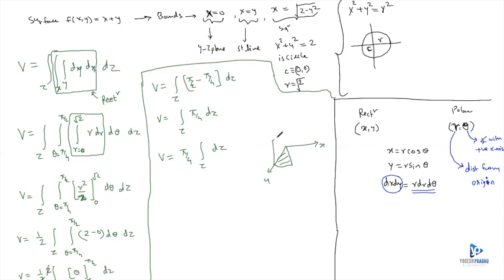This is one of your bounds for sure. And then you're talking about the surface which is on top of this. This surface. Now the only thing is how much is your Z? Is there anything said about this?